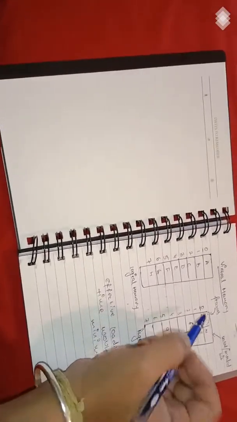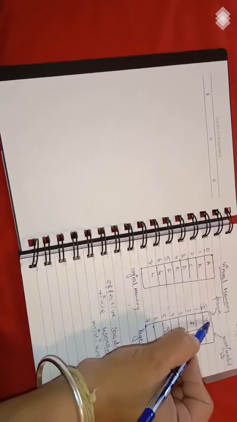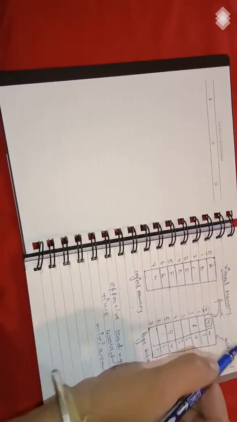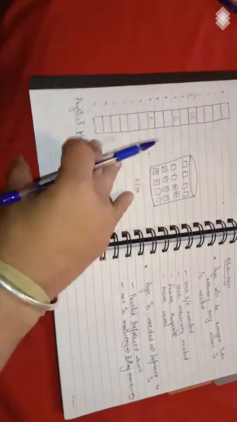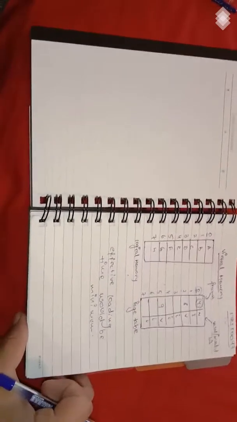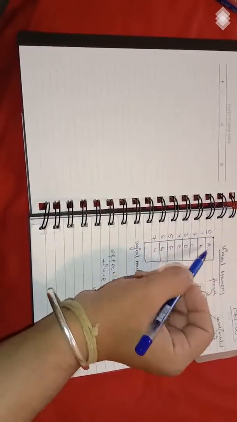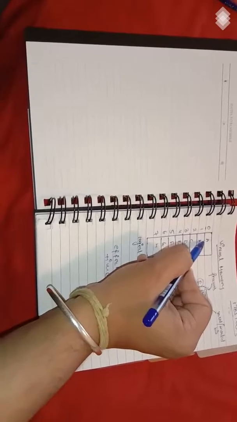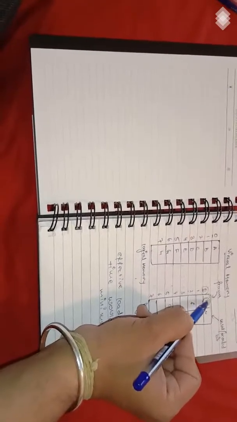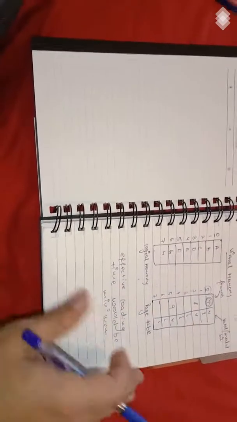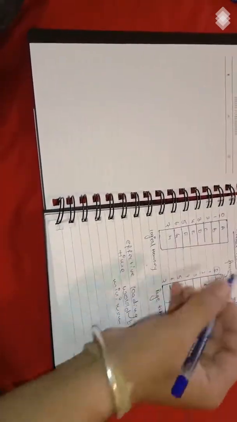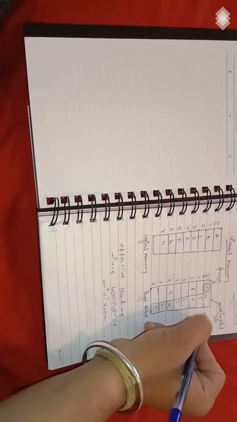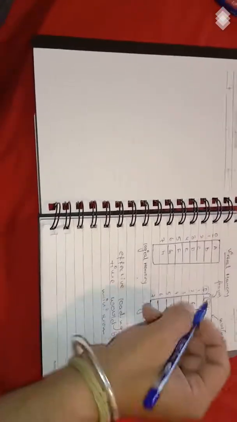So here the frame is 4, and here it is written A, because A is stored in page location 0 and frame number 4. We have marked it as valid, as it has some value.